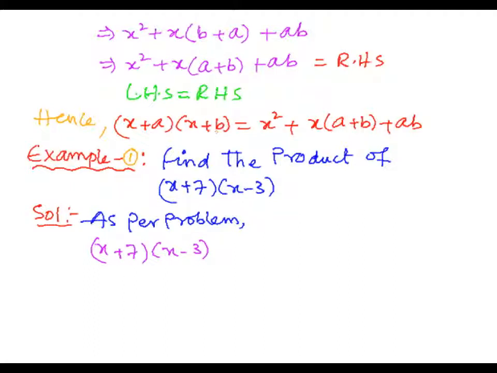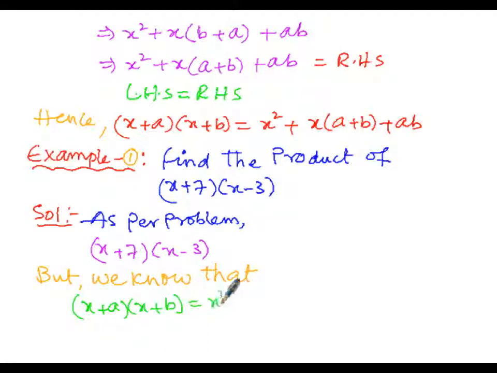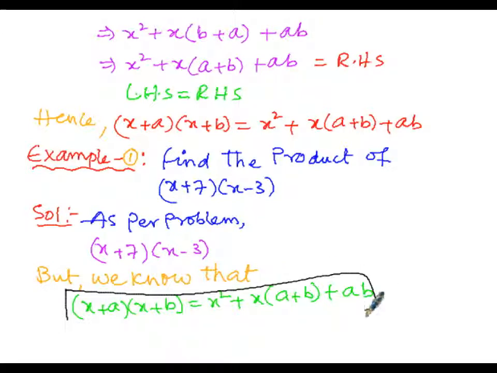But we know that the special product is (x plus a) into (x plus b) equals x square plus x into (a plus b) plus ab. Based upon this special product, I am going to find the product of x plus 7 into x minus 3.